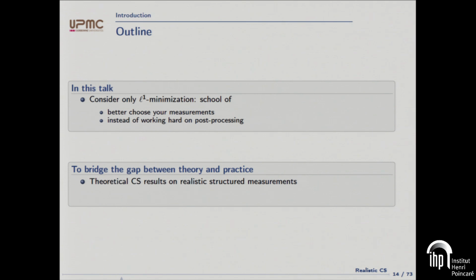In the first part, we are going to have compressed sensing compatible with structured acquisition, which is what you have in practice. In the second part, we are going to see how we can, in practice, design a structured sampling scheme. So this is compressed sensing, and actually this is not.